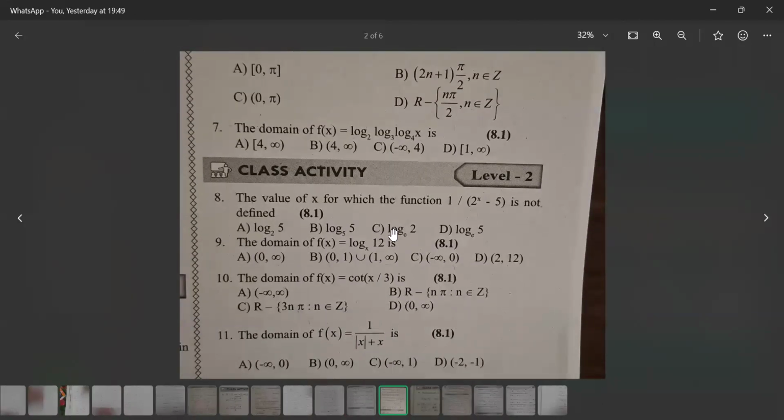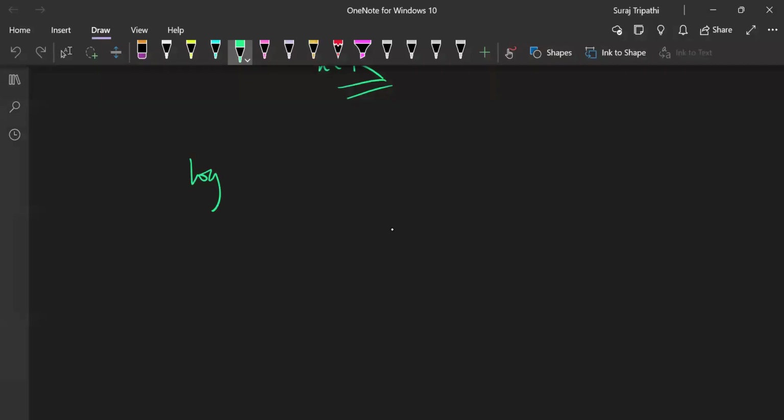Right. So first of all, this log of x with base 3, 4, 3, and this one I think 2. First of all, this x should be a positive number.